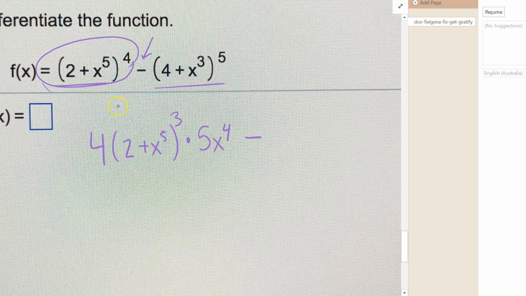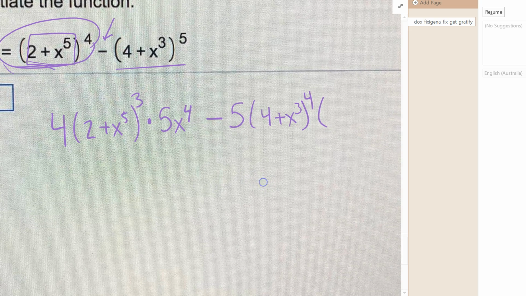Right? So I take the derivative of the outside, evaluate it at the inside, times the derivative of the inside. Minus 5, 4 plus x cubed to the 4th power, times the derivative of the inside, in this case, is 3x squared.